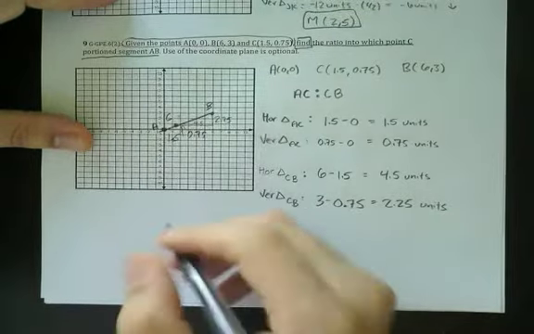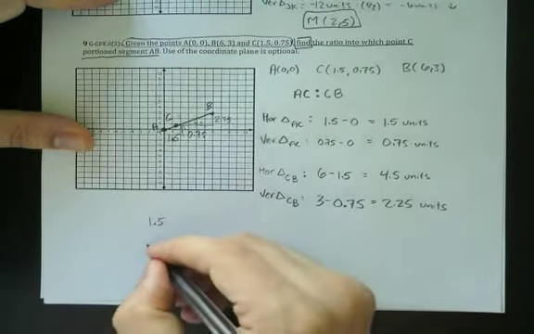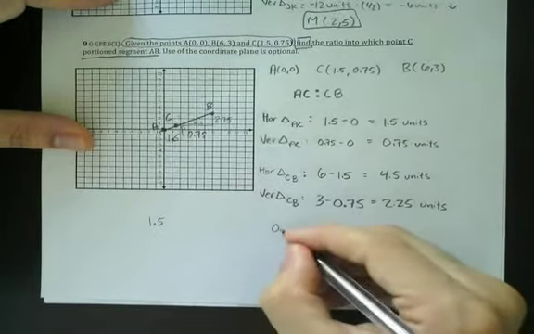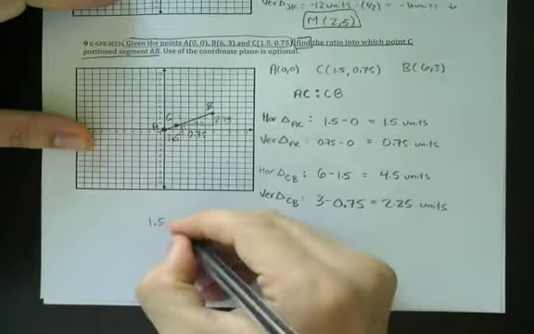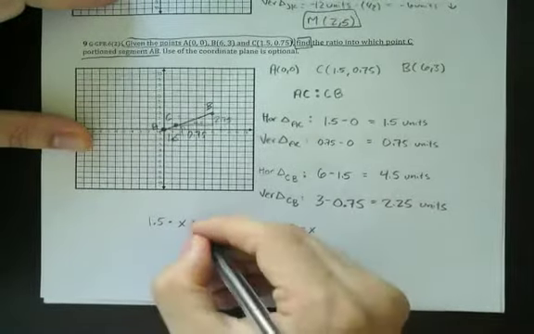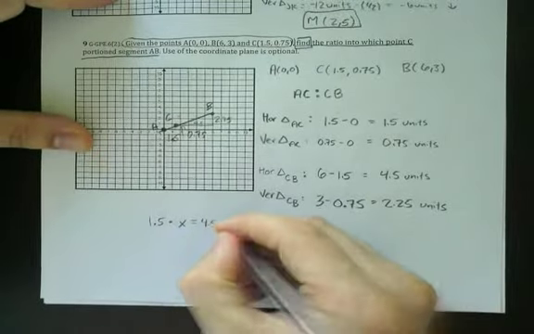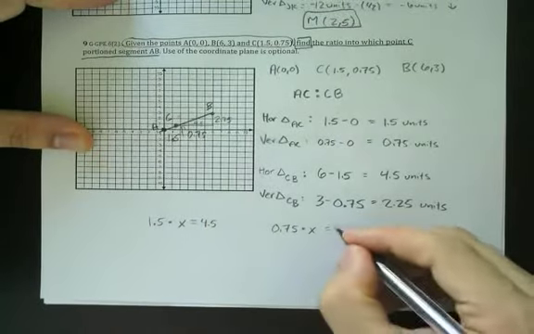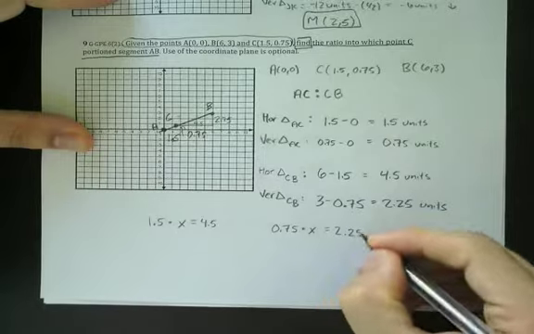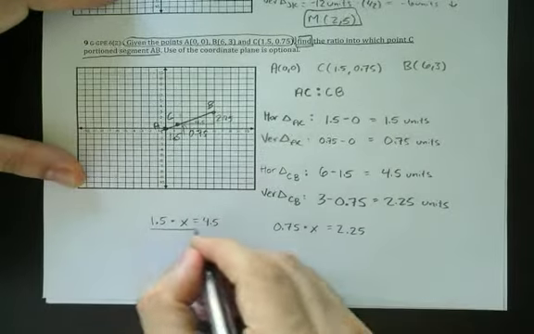What I'm saying is that if I take the number 1.5 or 0.75 and multiply it by a number, I should be able to get the other numbers, 4.5 and 2.25. If I solve both of these, I'm going to see that it gives me the same number.